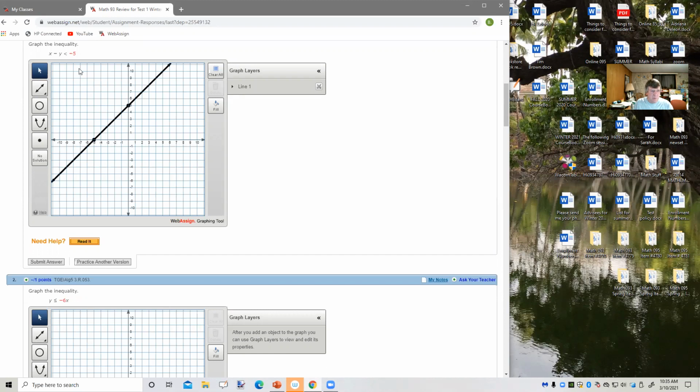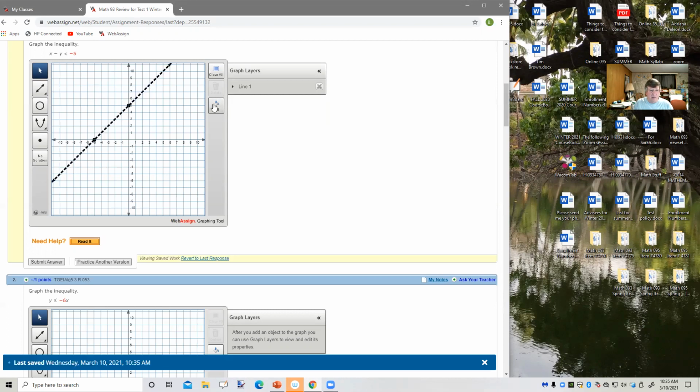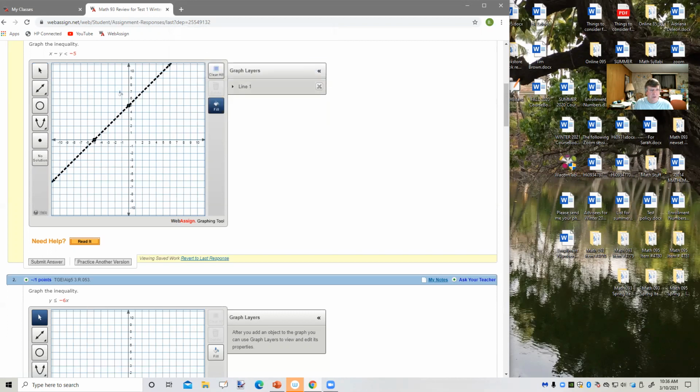However, we pointed out it doesn't include equals. So I'm going to come over here and make it a dashed line. Then I need to decide whether to shade below it or above it. We tried the test point 0, 0, and it failed. So we want to be above the line. So fill, and there you have it. Any questions about that particular problem?